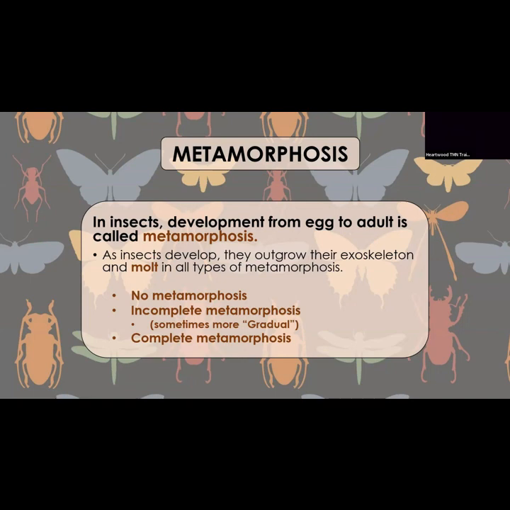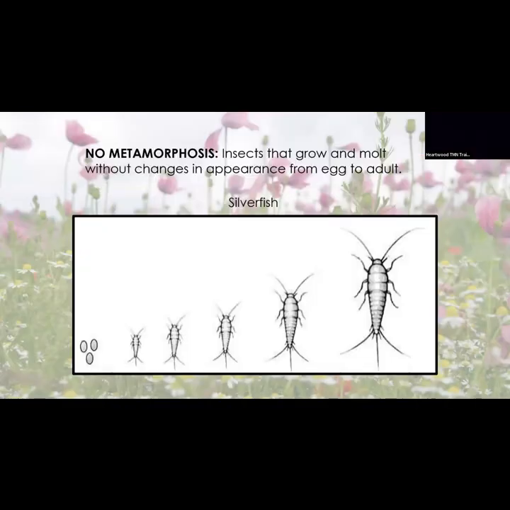Grasshoppers are what are considered gradual, but to me, it's incomplete metamorphosis, but it's all based on how different the baby looks from the adult. How different does the nymph look from the adult? So the way that I'm going to go through the insects is going to be based on that.